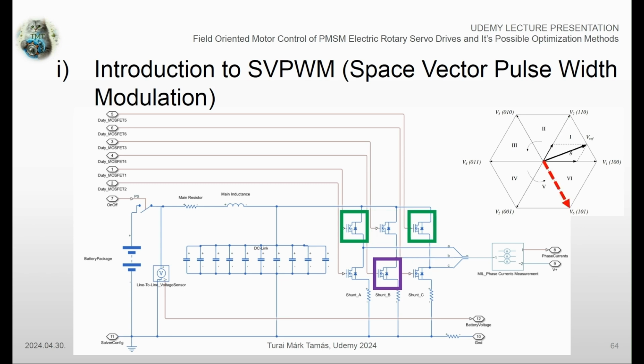This method can be used at any electric sector to constantly modulate the angle of the desired output voltage vector. So for example, if we are moving to electric sector number 5, and we are using the V6 and V5 base vectors, as you can see currently on the slide, and allowing the system to operate between these two base vectors, then if we are allowing the same amount of time to be spent in both base vectors, an average 270 electrical degree voltage vector will be output in the three-phase voltage inverter towards the PMSM machine.